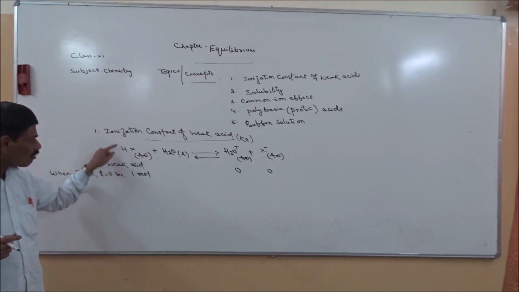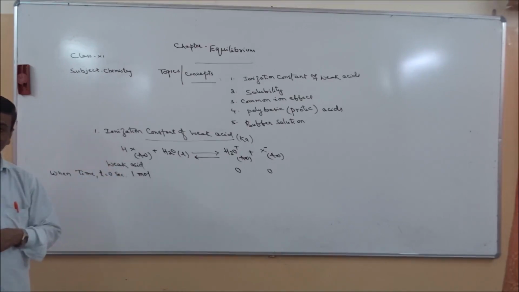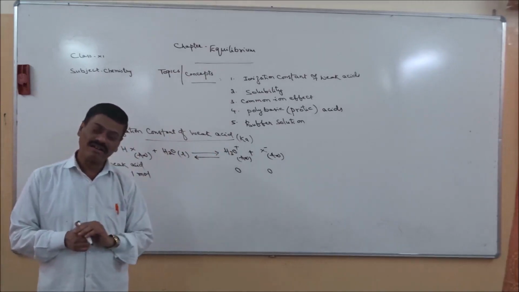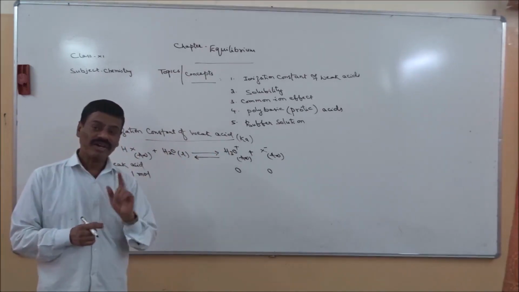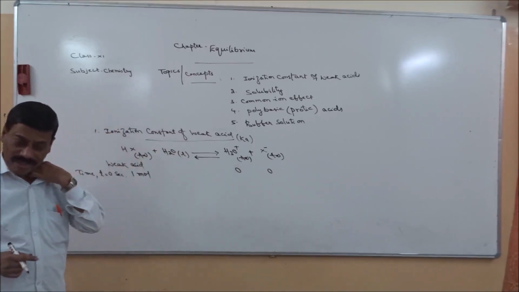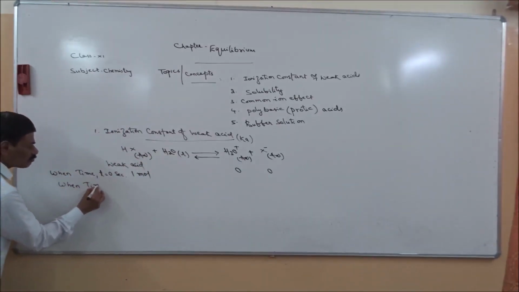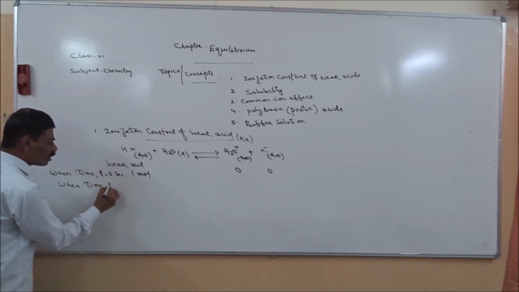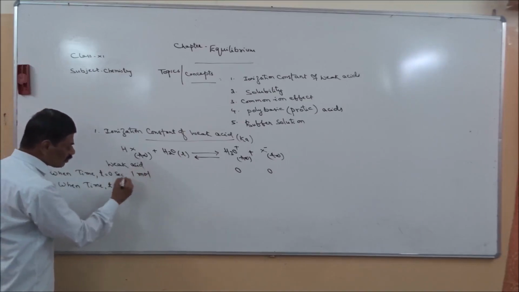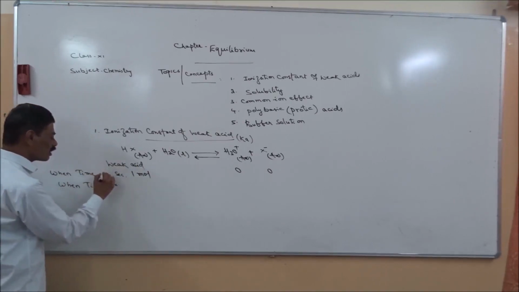Now, I will begin the reaction. To this 1 mole of weak acid, I will add a little water. Then the reaction will begin, and hydronium ion and X minus ions are formed. Let me write it in this way so that it will be very clear.